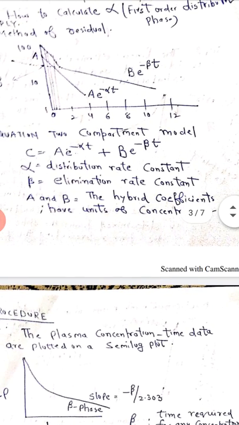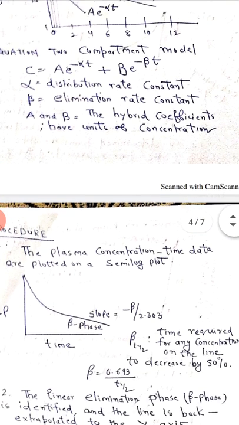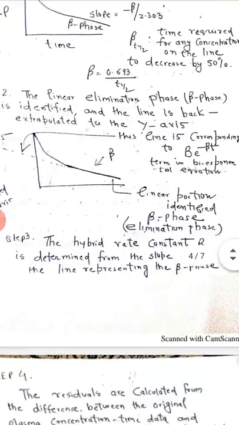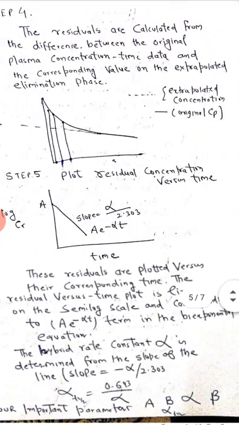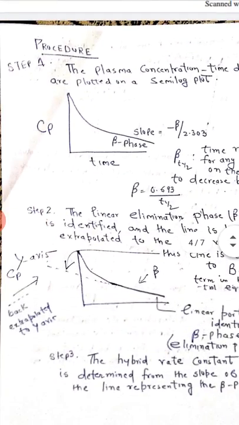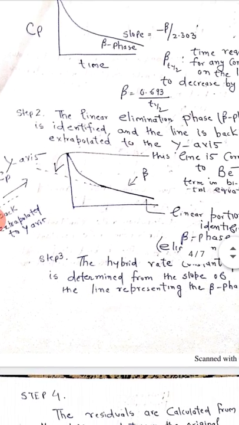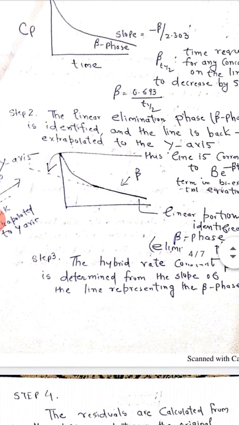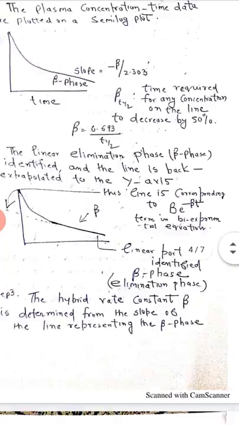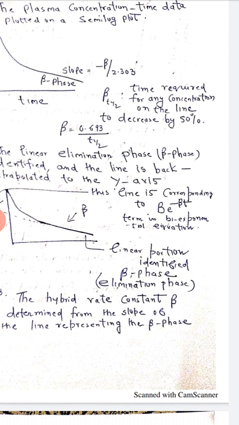This is the equation: C is equal to Ae^(-alpha t) plus Be^(-beta t). So the second part of this equation, that is Be^(-beta t), is represented by the extrapolated dotted line in step 2. It corresponds to the second term of the biexponential equation, that is the elimination phase, Be^(-beta t).